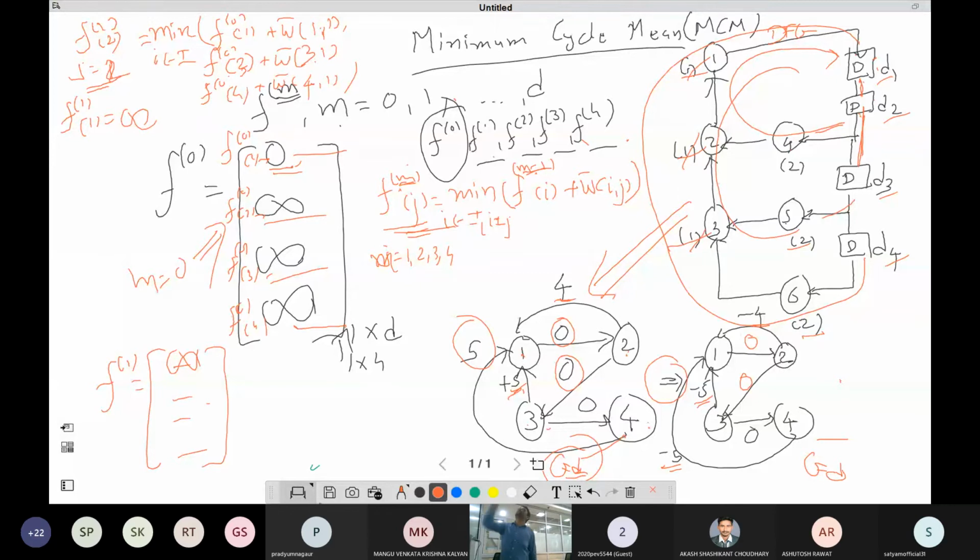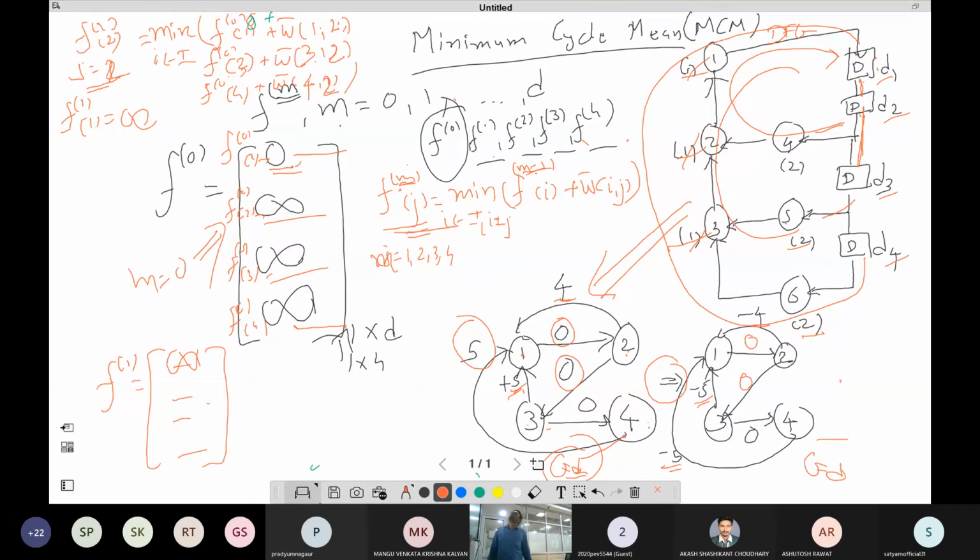So f of 0, 1 is 0, plus w bar 1, j. Sorry, it should be j. Yes, it should be 1, 2. Thank you. Here it should be 2 always, because now I am talking about j equal to 2: 1 2, 3 2, 4 2.